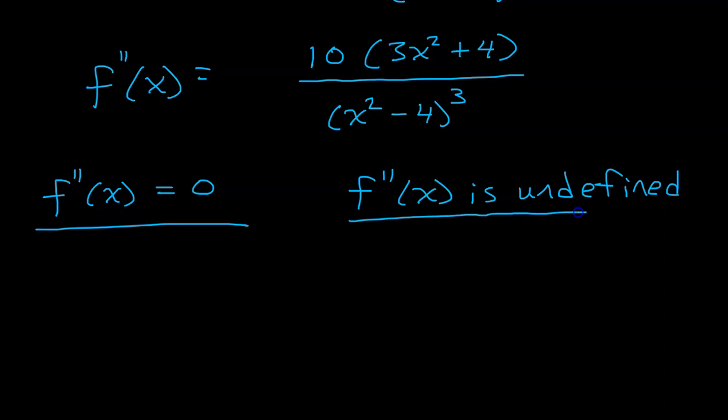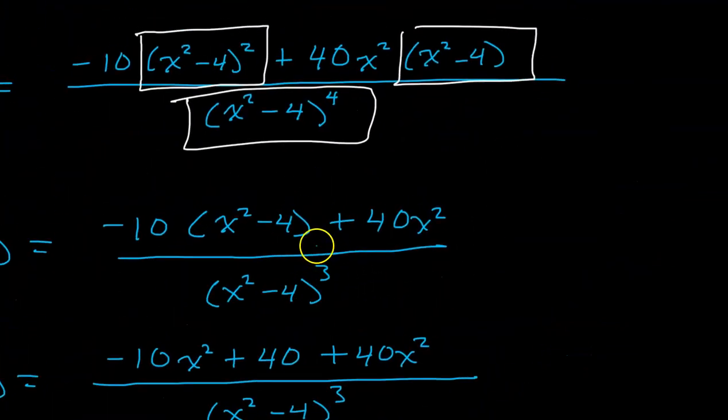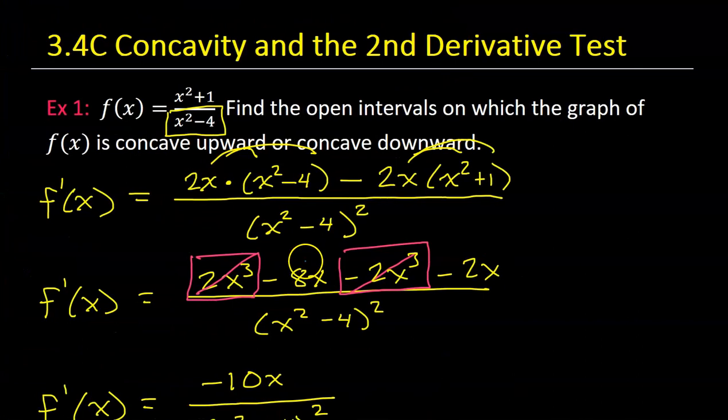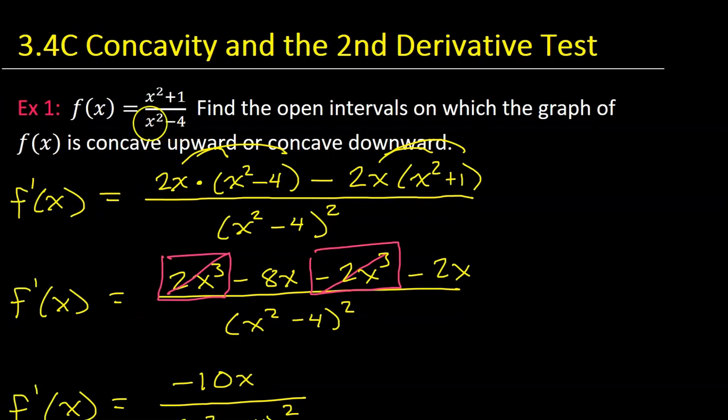All right, these are the two sources of critical numbers. However, there's always something that we have to ask ourselves first, and that is, way back at the beginning, are there any values at which the original function is undefined? And we see this denominator here, so we know that x squared minus 4 cannot equal 0.